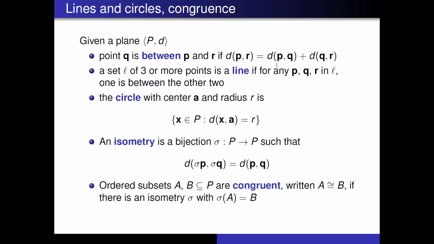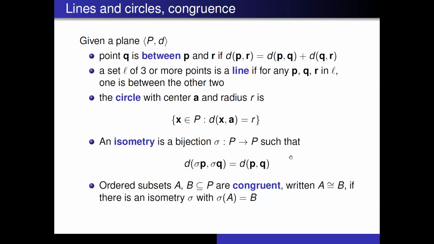And an isometry is what plays the role of automorphism of the plane. That is, it's a mapping which maps the points and preserves distances. Now, ordered subsets are congruent if there's an isometry that takes one into the other.